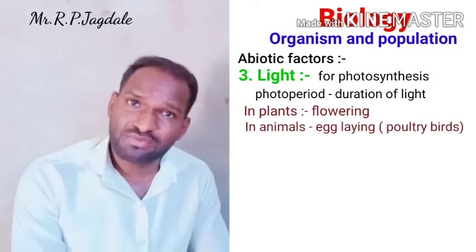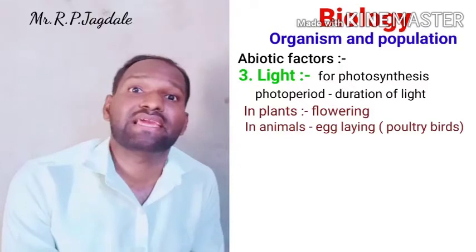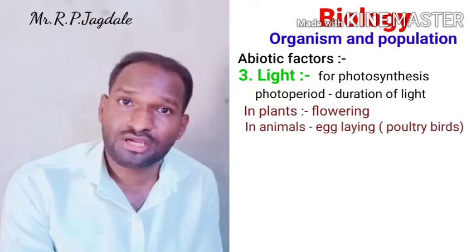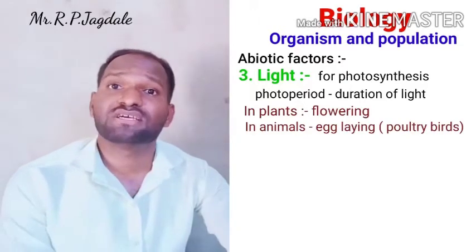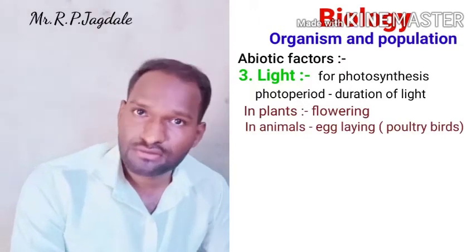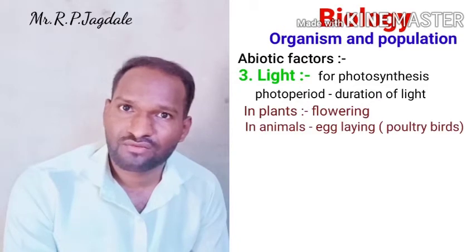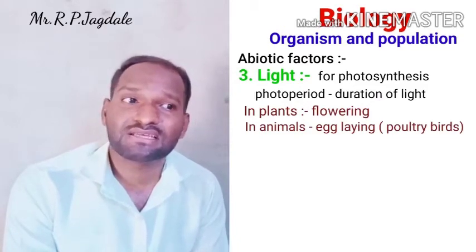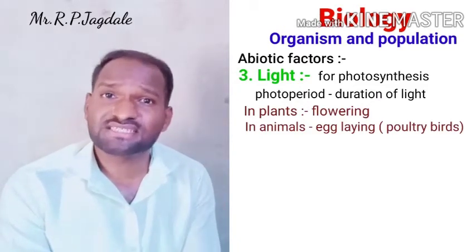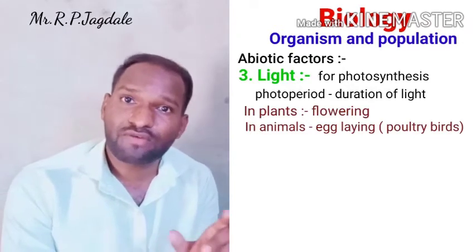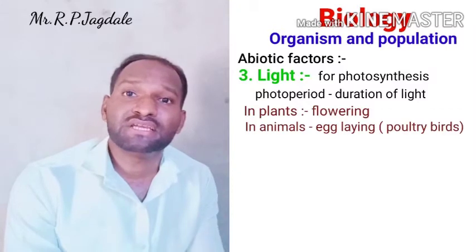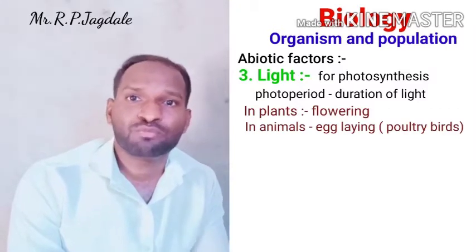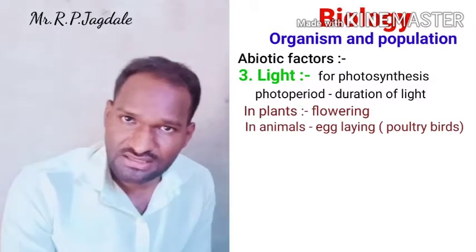In the case of animals, for example, we can take poultry birds. Poultry birds require light for egg laying. Whenever light is provided, the number of eggs increases, and there is also an increase in the quality of the eggs.